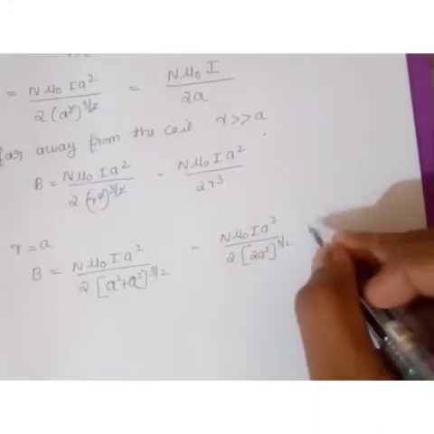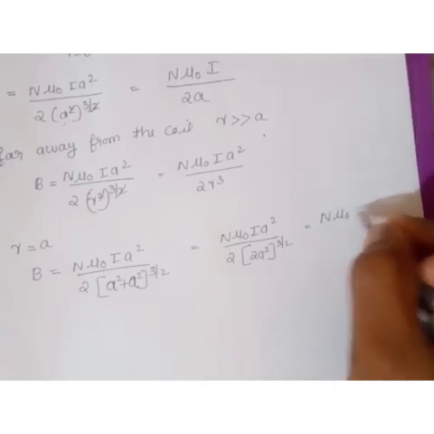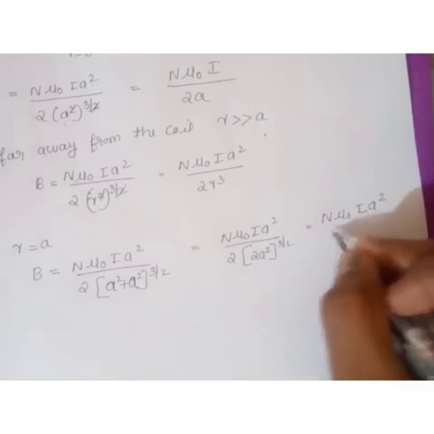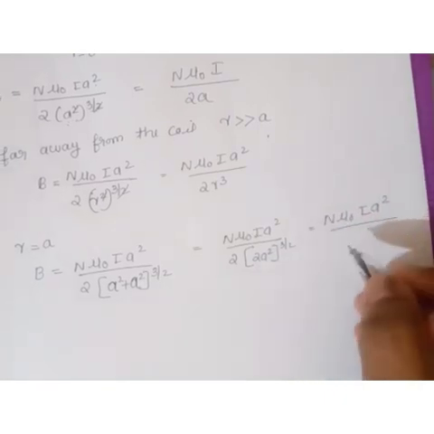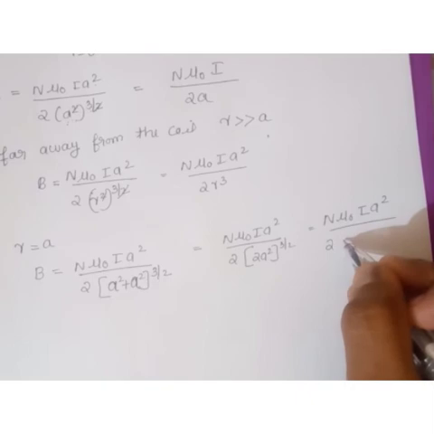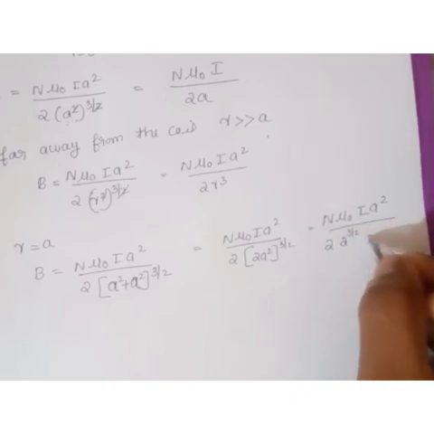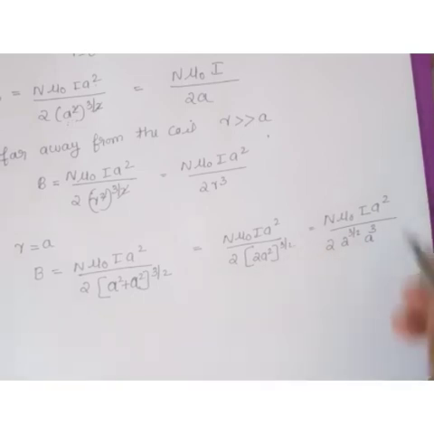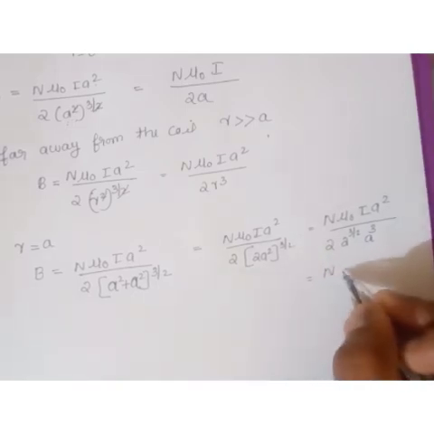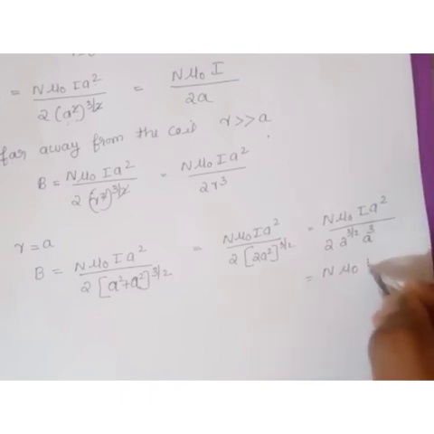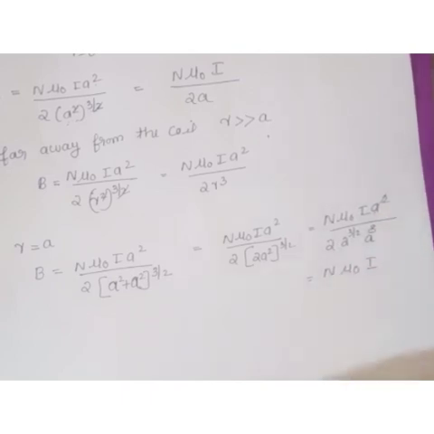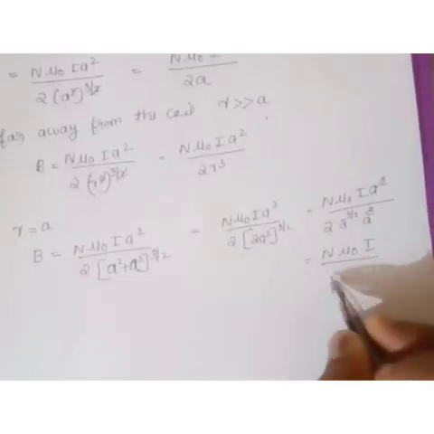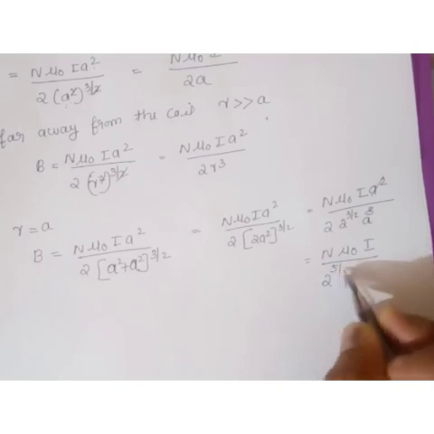Okay, so which is equal to N mu 0 I a square divided by 2 into 2 raised to 3 by 2, then a cube. Okay, so which is equal to N into mu 0 I, that is a square, a cube. So a square is cancelled, divided by 2 into 2 raised to 3 by 2 into a.